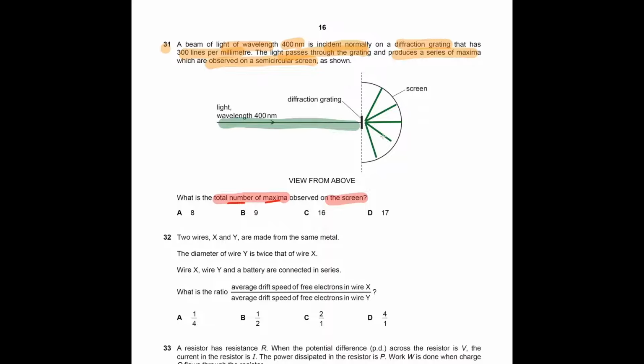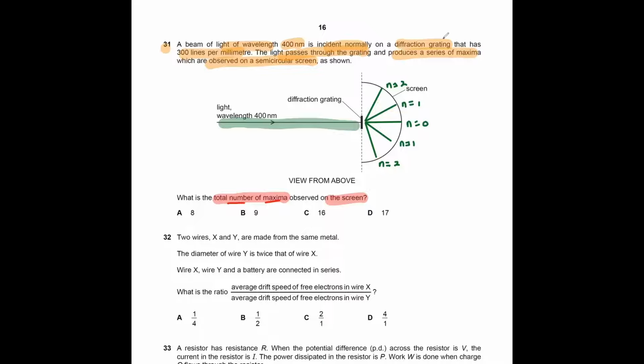Okay, where you would say that the center bright dot or central maxima is 0 order. Then after that, it will be first order, second order, on either side of your center maxima. Okay, so this is what you expect to see. So if you want to find out the total number of maxima, you need to find the maximum order number in the first place.